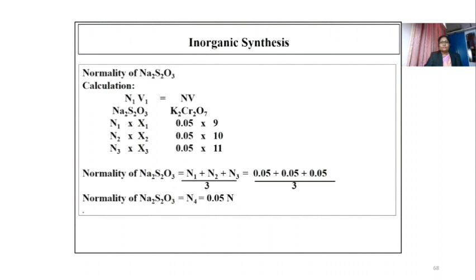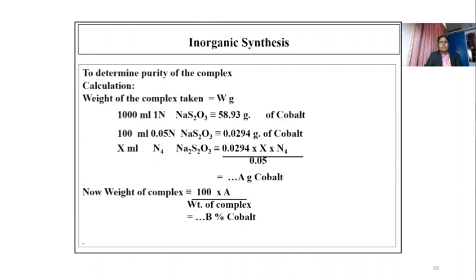So sodium thiosulfate corresponds to potassium dichromate. So N1 multiplied by X1 equal to 0.05 multiplied by 9. This will give the N1 normality. So find out N2 and N3 also. Now take the mean of this one, that will give you the exact normality of sodium thiosulfate solution as N4.